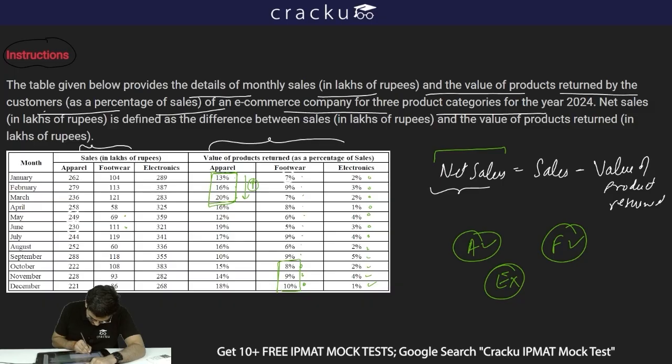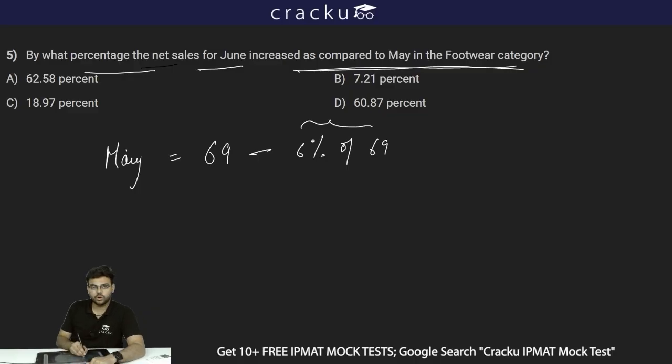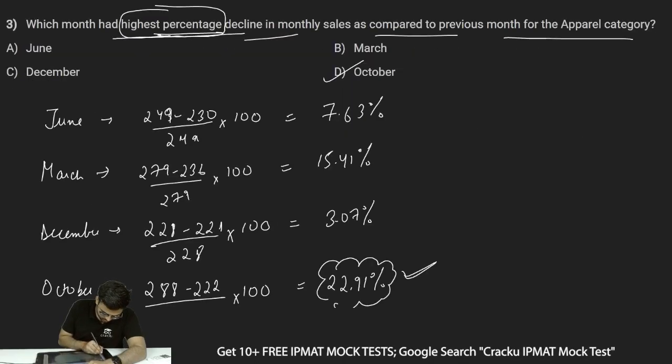For May, the total sales is 69 lakh rupees and 6% is returned. So for May, my net sales will be 69 lakh rupees minus 6% of 69, because this is the returned value. 69 was the overall sales, but 6% of 69 was returned. So the total net sales will be 69 minus 6% of 69, and this will be equal to 64.86 lakhs. Now we have to find out for June. Again we will go back to the table.